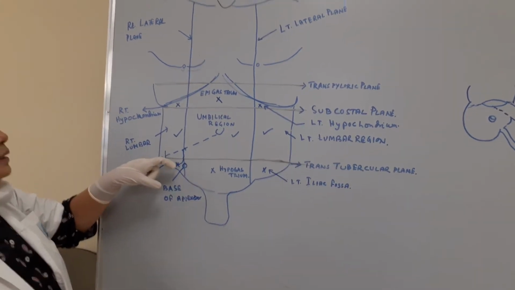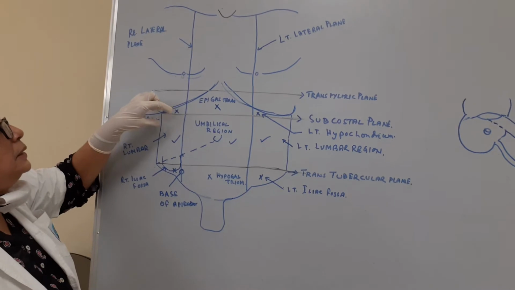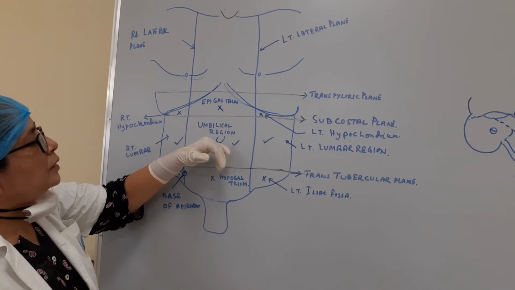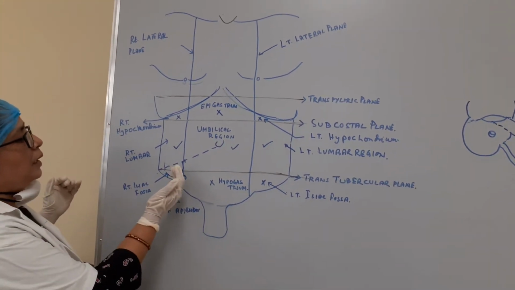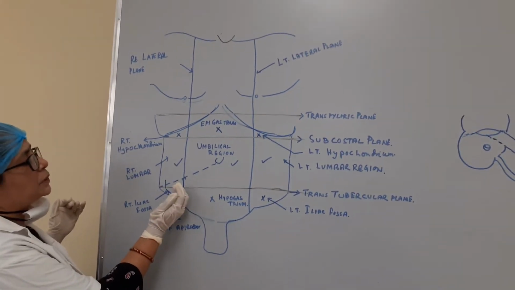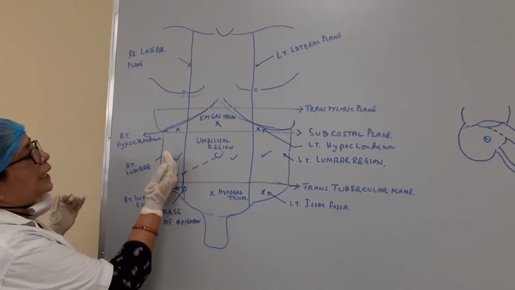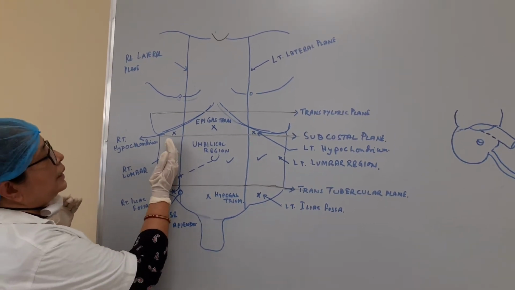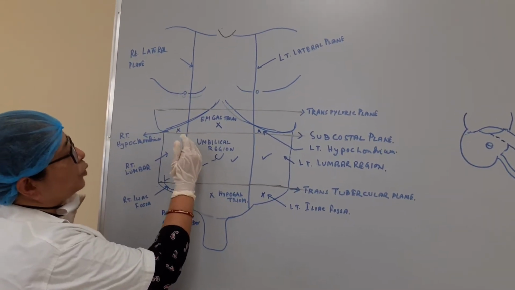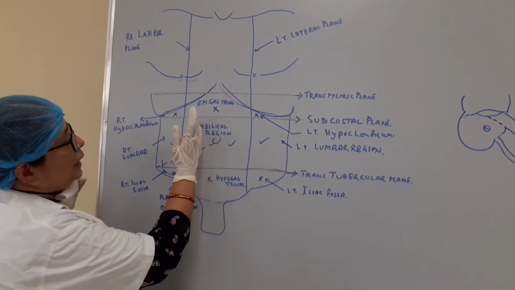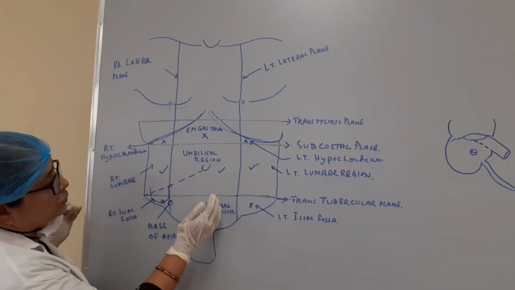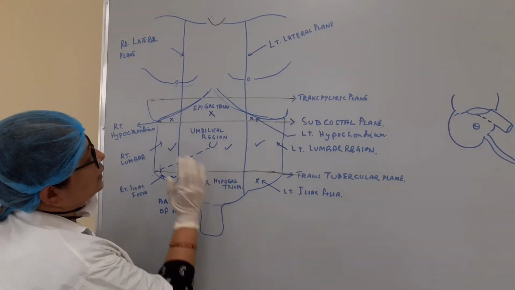The different parts of the large intestine lie within different quadrants and arch over the small intestine. It starts from the ileocecal junction, which lies in the right iliac fossa, then the ascending colon, which lies within the right lumbar region, then the transverse colon, which lies mostly in the umbilical region, and in erect posture it may descend down into the hypogastric region also.